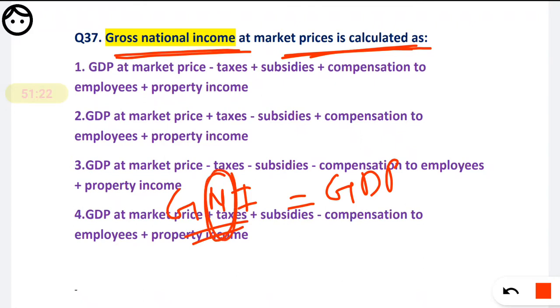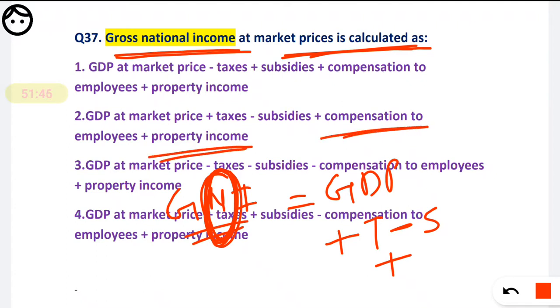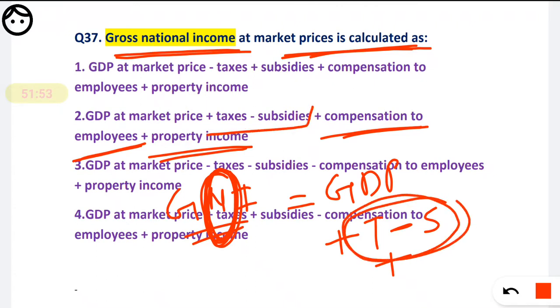So while calculating GNI, we will add the taxes, subtract the subsidies, and we are calculating only the nationals, whatever the Indian nationals. If Indians are coming back to India, then whatever the property income from abroad will be added, and the compensation to the employees received from abroad will be added. But adding tax and subtracting subsidy is very common everywhere.